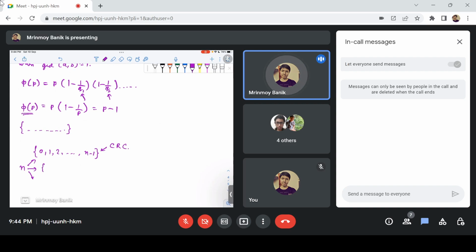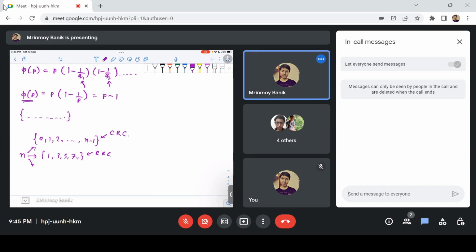And then we have a reduced subset of this set, say suppose 1, 3, 5, 7, something like that. You have to fix n to know what this set is. This is called the reduced residue class. The numbers here have GCD of 1 with n, right?